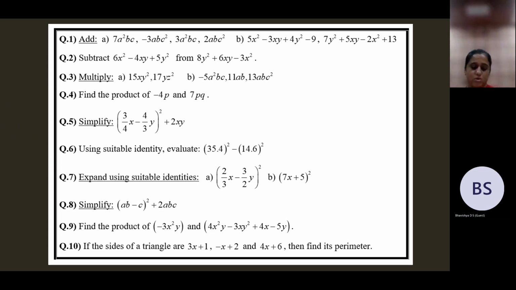Did you finish this? You had time? No, you have exams also. Ma'am, 3 sums I haven't done, the 5th, 6th, and 7th. Okay, you try. I have the answers with me, but I don't want to share the answers. You try your best and we'll see the answers on Friday. Friday, you must remind me.